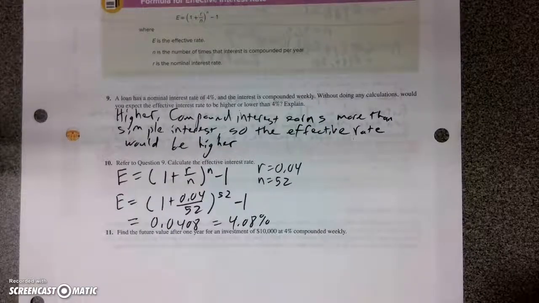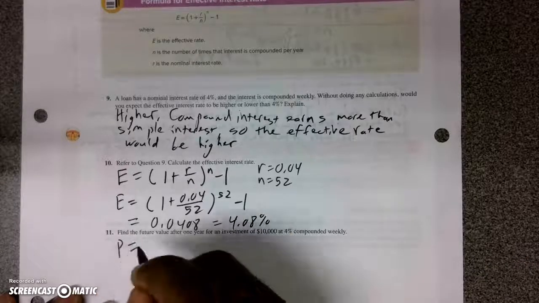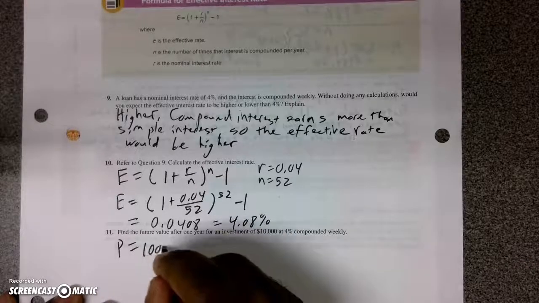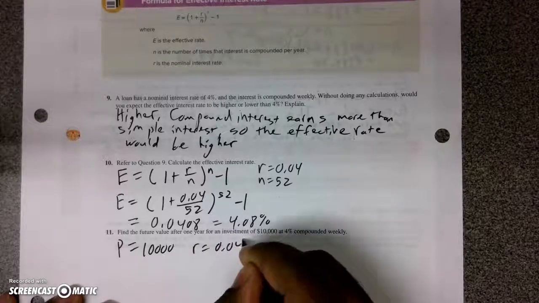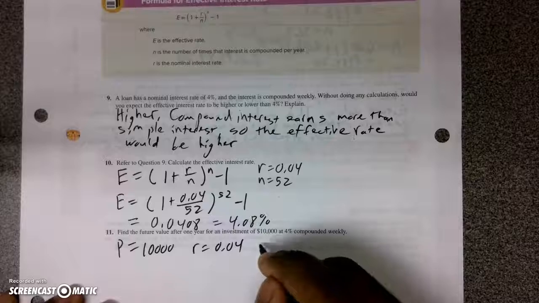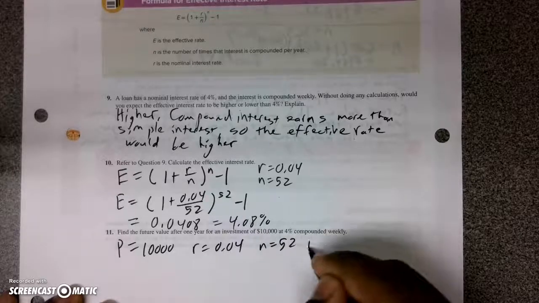Okay, number 11. It says find the future value after 1 year for an investment of $10,000 at 4% compounded weekly. Okay, so we have P is equal to 10,000, R is equal to 0.04, N is 52, and T is 1.